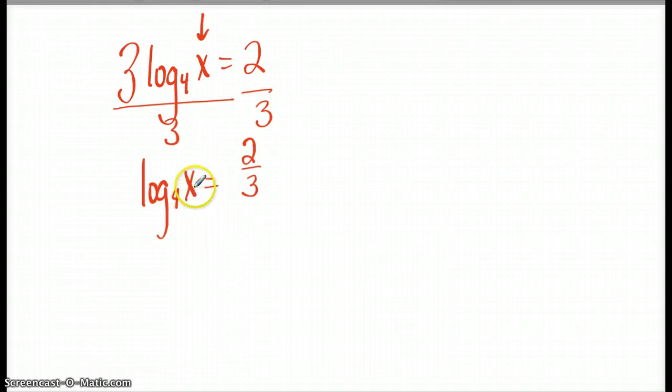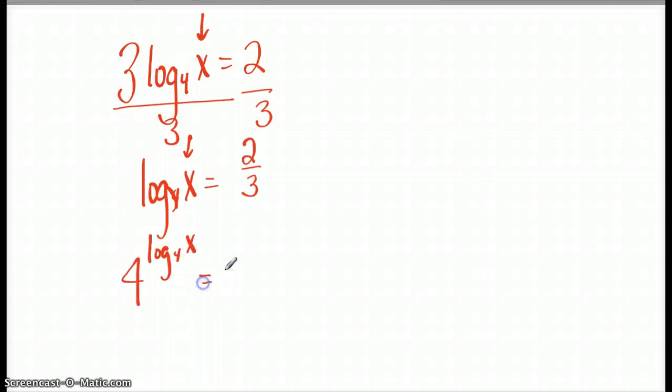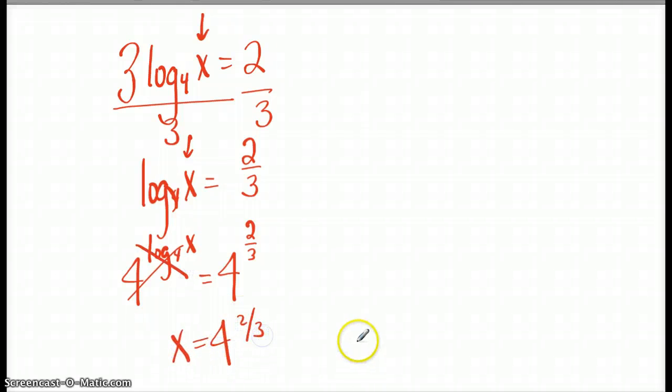Now I need to get x by itself, so I need to get rid of this log base 4. I do a big 4 and make everything here the exponent. I do a big 4 and make everything here an exponent. This 4 and this 4 are going to cancel, and 4 to the 2/3 would be your answer. And that's all you have to do. All right, let's do one more.